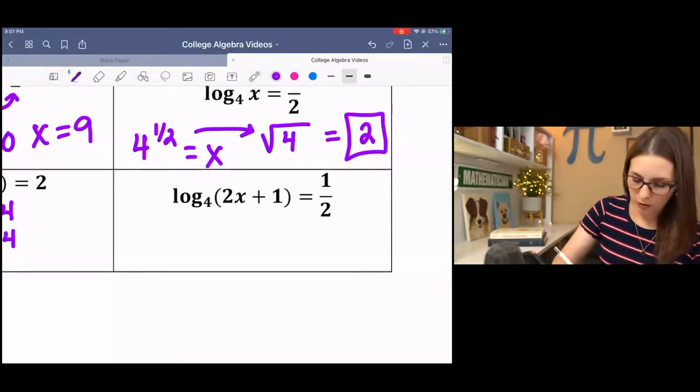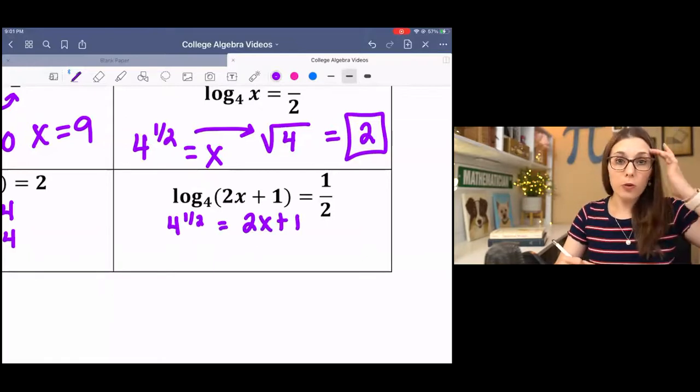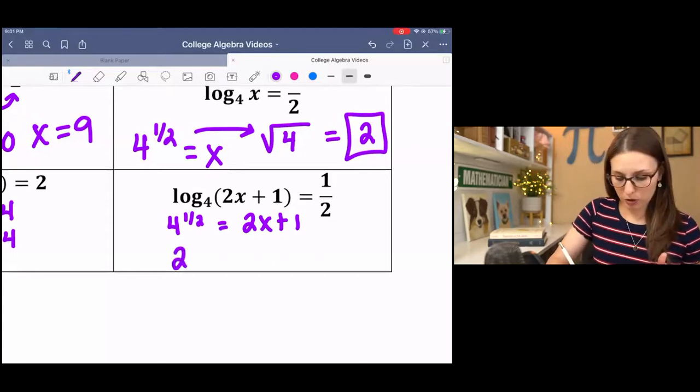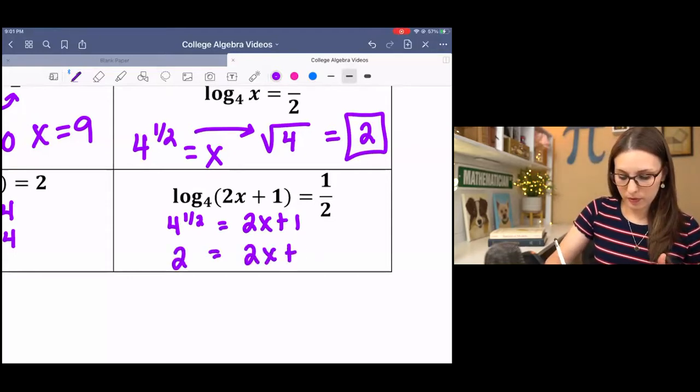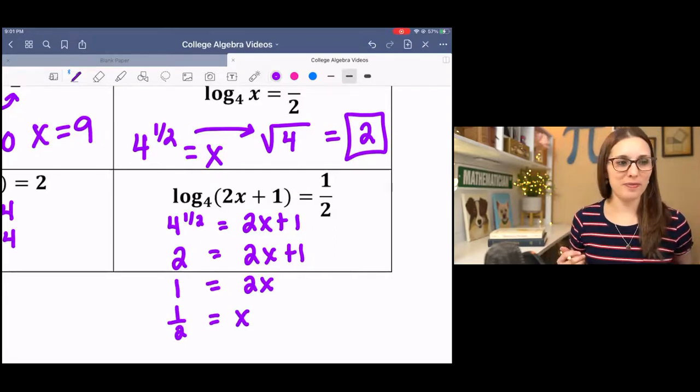You should have found 4 to the 1/2 is 2x plus 1. We know that 4 to the 1/2 is actually the square root of 4. Subtract 1, divide by 2. And you should have gotten 1/2.